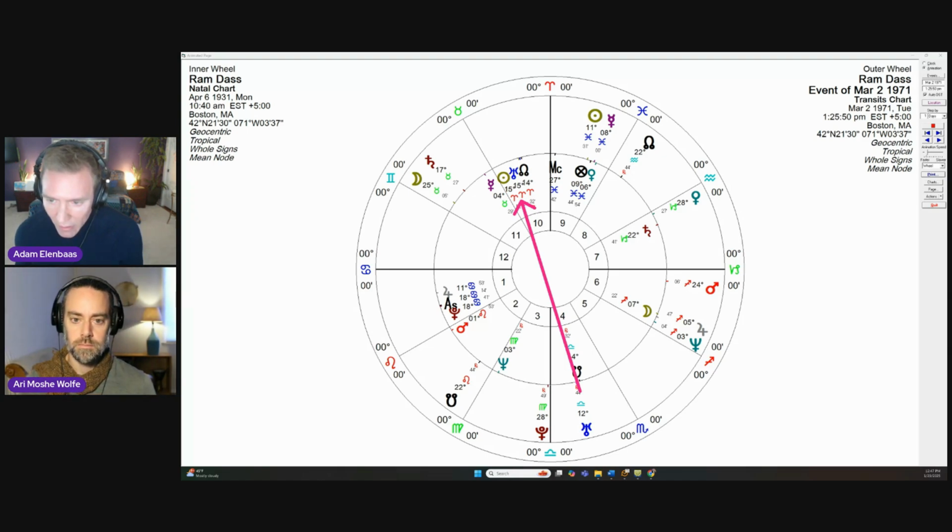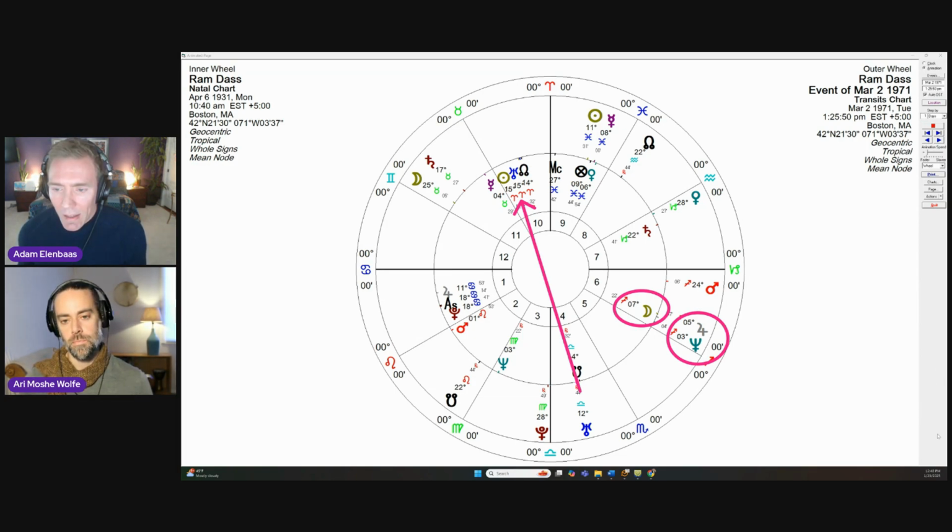And then the other thing that's really neat that I love about this is he's got Jupiter and Neptune coming right over his moon. And I think that one of the things that indicates, and this is something that I had to dig to find, the year that this came out, apparently in many private conversations with people that were close to him, he talked about having this deep discomfort with the projections that he was receiving from people after his book was published because it was a rapid rise in fame.